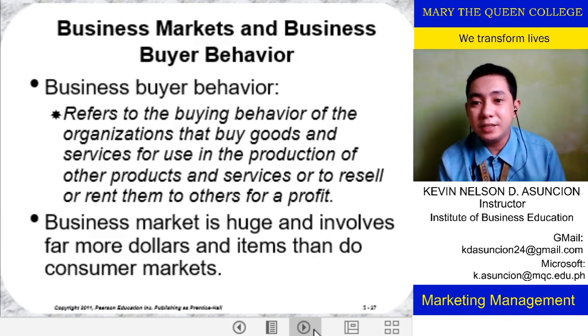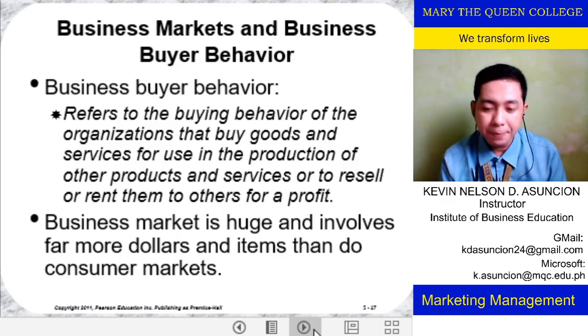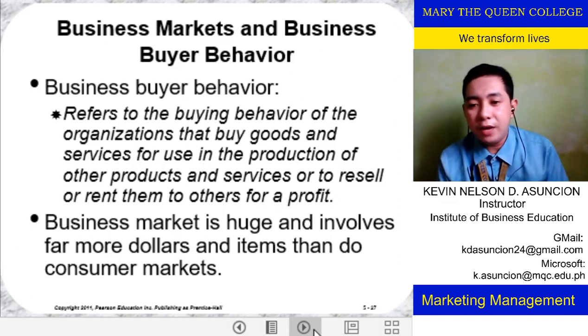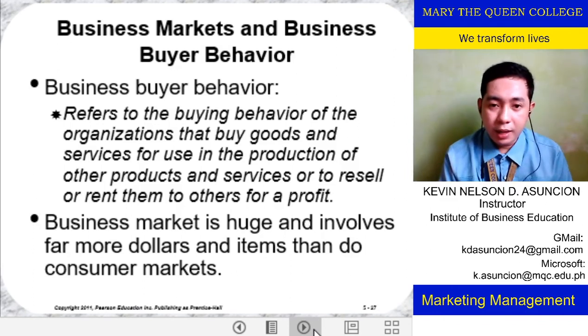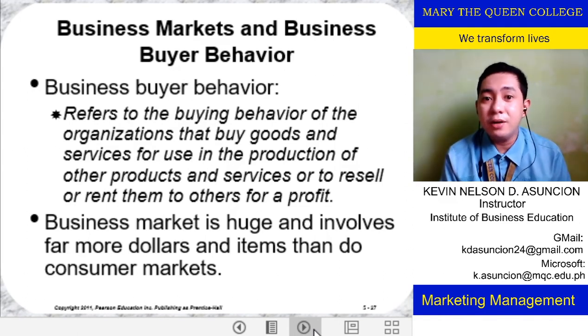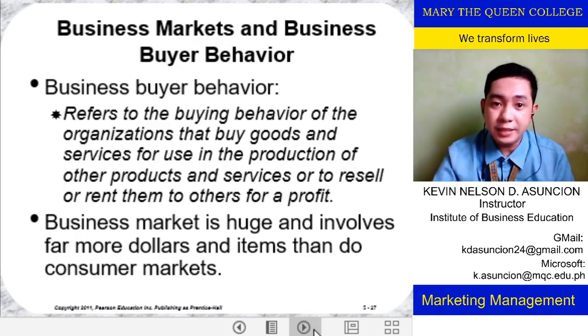The business market also has business buyer behavior. Remember what I told you in our past discussion, a business is an artificial being, and of course it's composed of people. That's why there is also certain buyer behavior present in an organization or in a business enterprise.